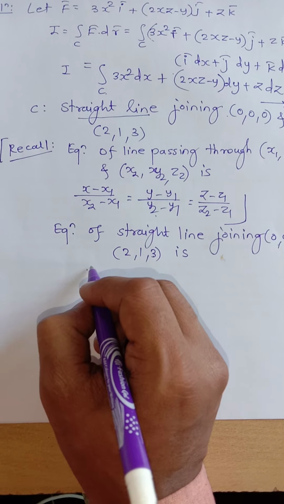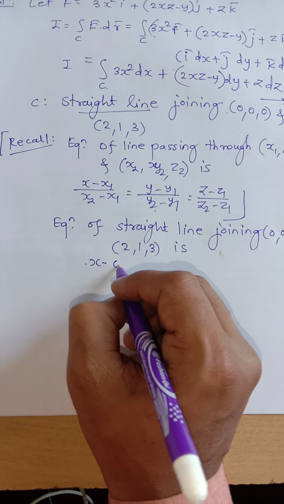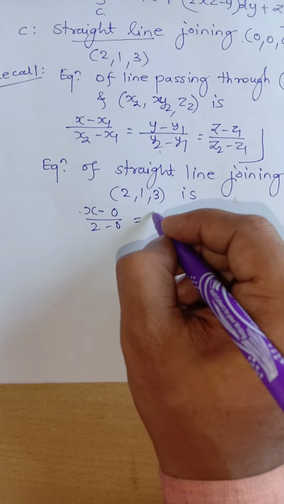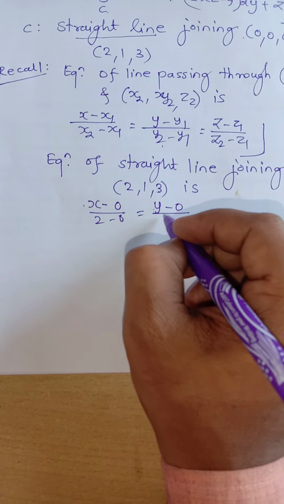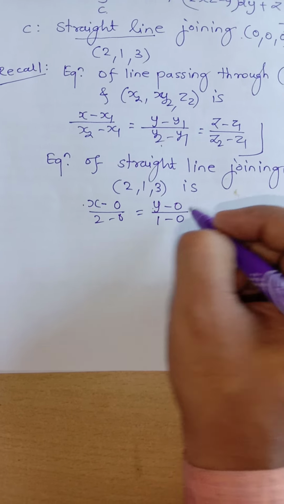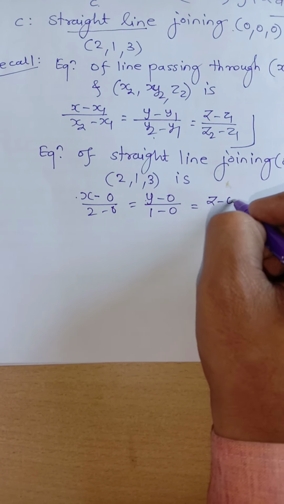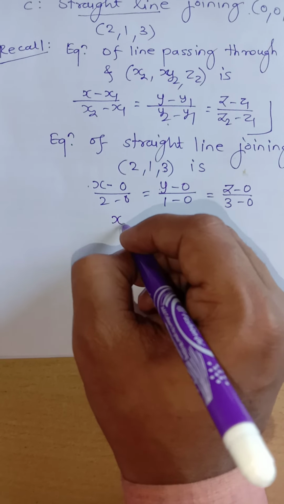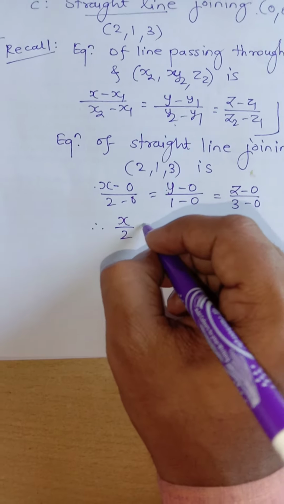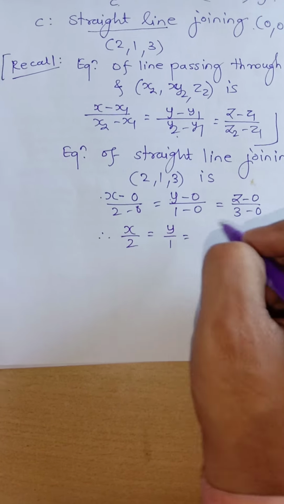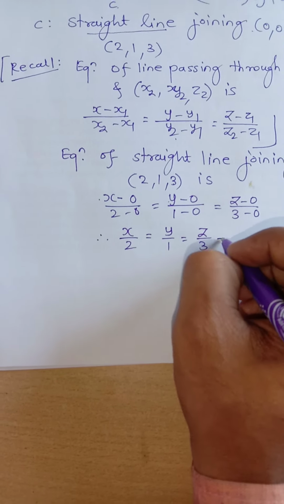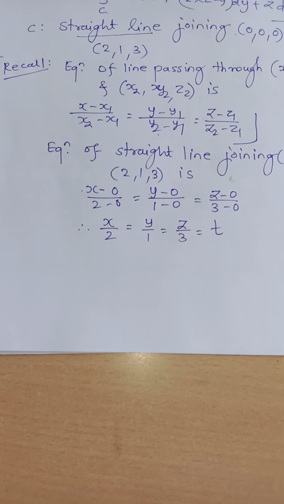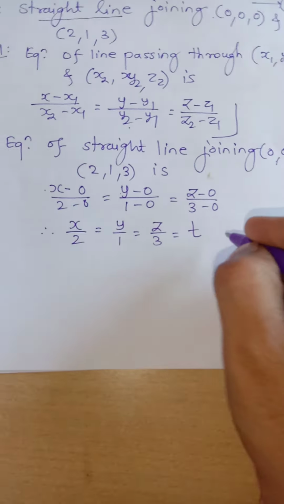So it is (x minus 0) upon (2 minus 0) is equal to (y minus 0) upon (1 minus 0) is equal to (z minus 0) upon (3 minus 0). So that is x upon 2 is equal to y upon 1 is equal to z upon 3 is equal to some proportionality constant t.